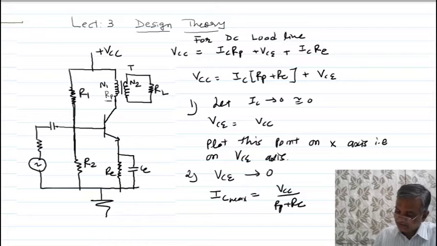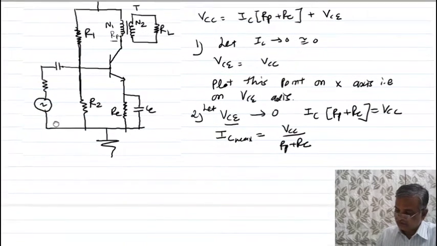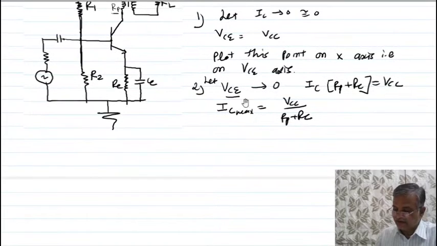So let me write, let VCE tend to 0, then IC into (Rp plus RE) is equal to VCC. So IC maximum is equal to this.